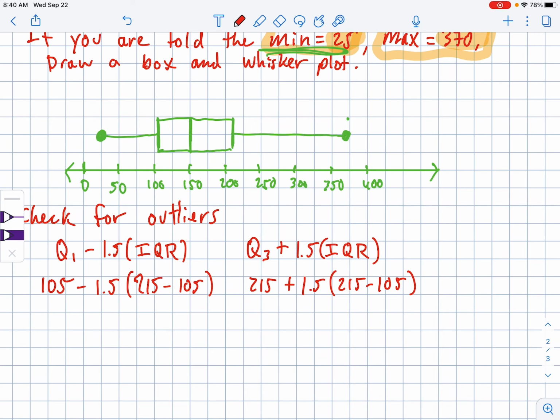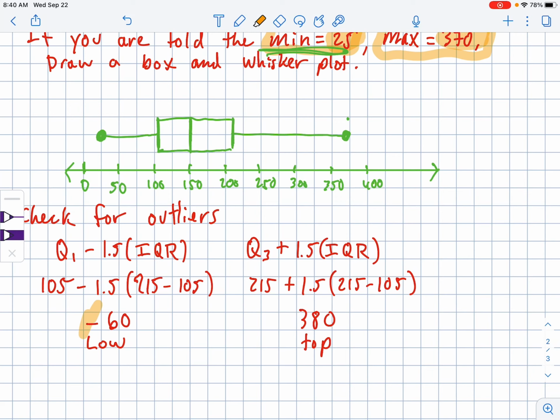So 105 minus 1.5 times the interquartile range, 215 minus 105, gives a lower bound of negative 60. It can be negative, that's fine. I realize you can't have negative people in this problem, but in terms of outliers, that is the number. Then 215 plus 1.5 times the interquartile range is 380.